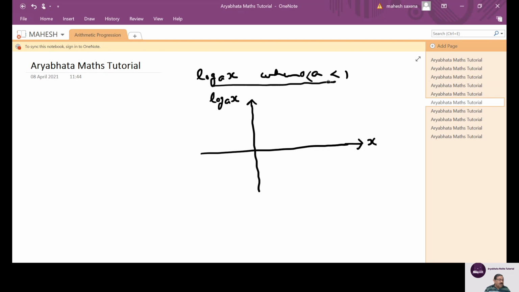In this case, the graph of log x will be like this. And this will pass through x equal to 1, because you already know that whatever the value of a, log of 1 is always 0.